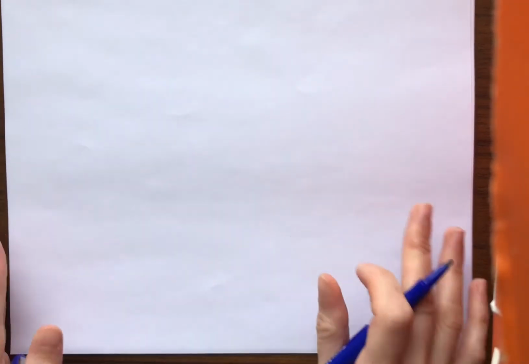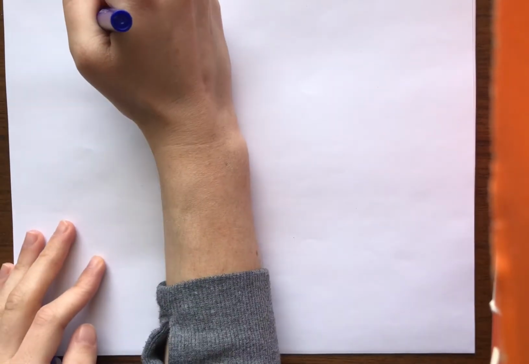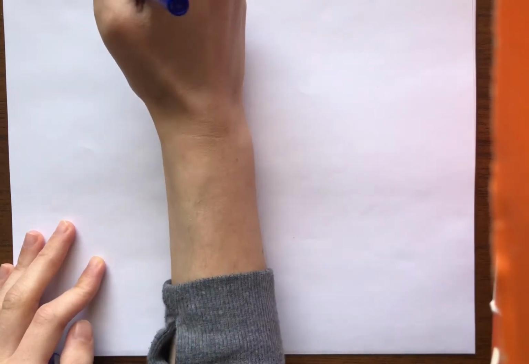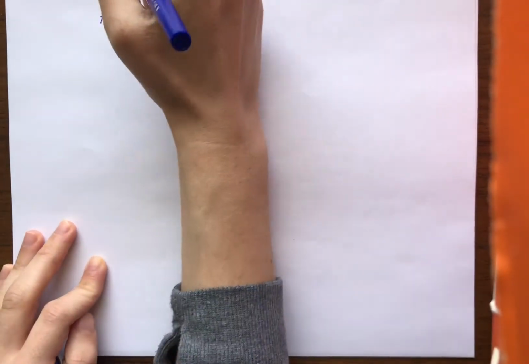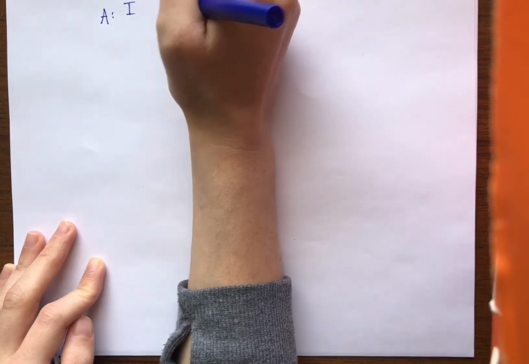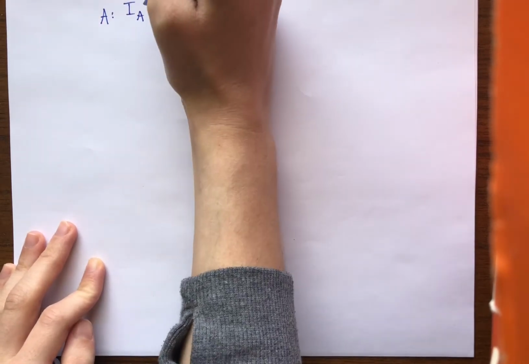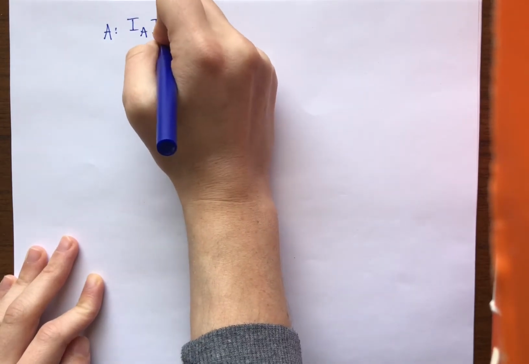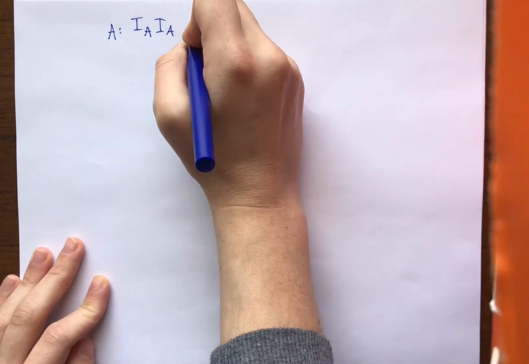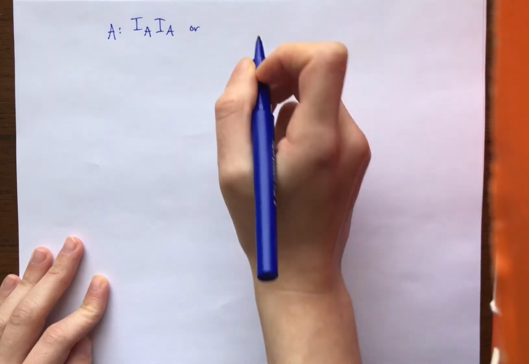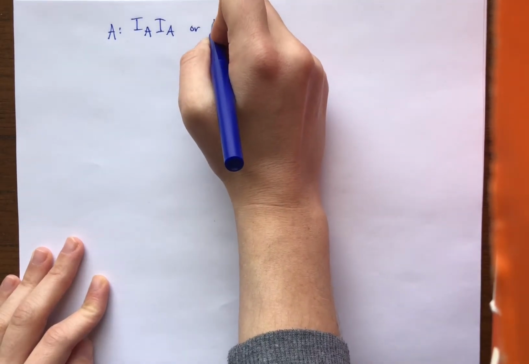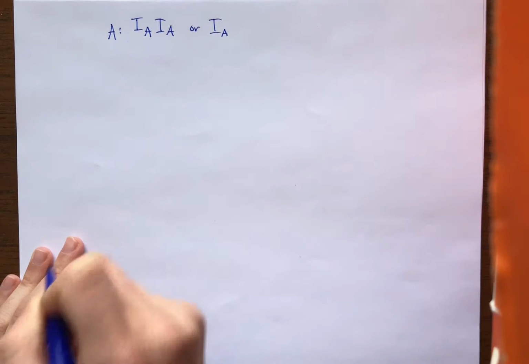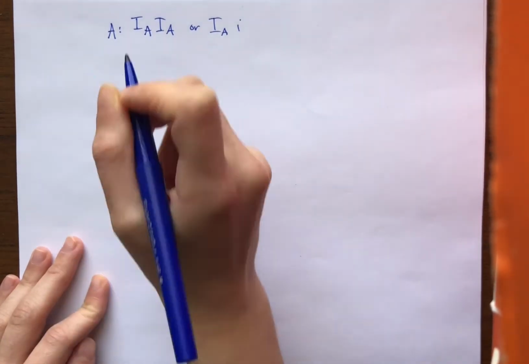So I'm just going to go ahead and write them out. For blood type A, we have two possibilities. We can have a homozygous, which we write as big I A, big I A, or we have a possibility of heterozygous, big I A, small i.